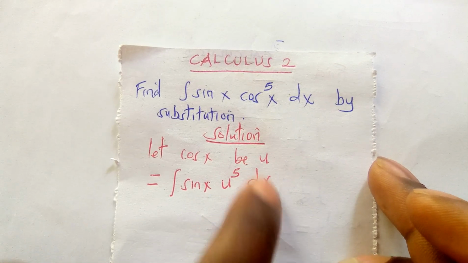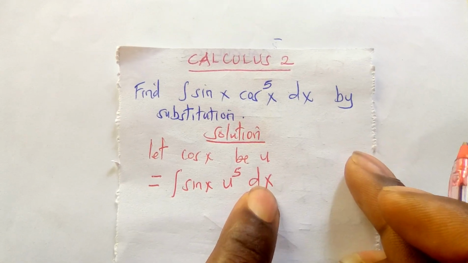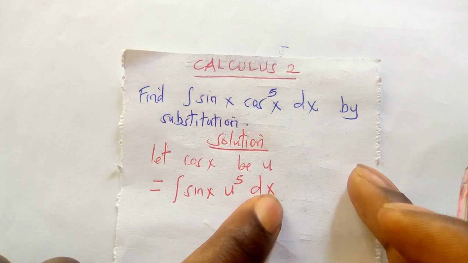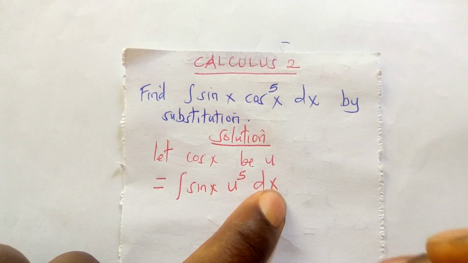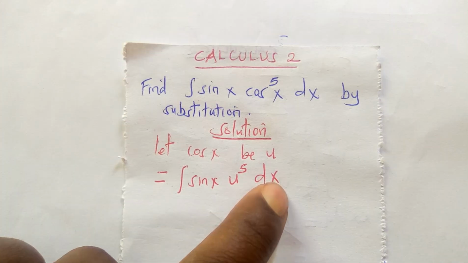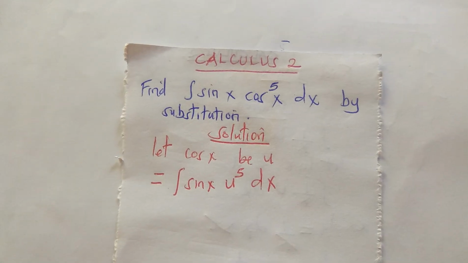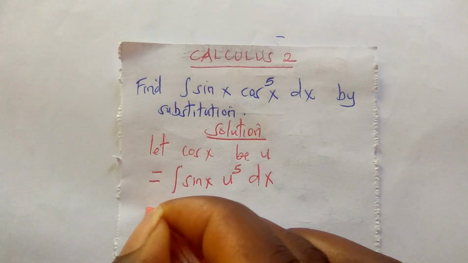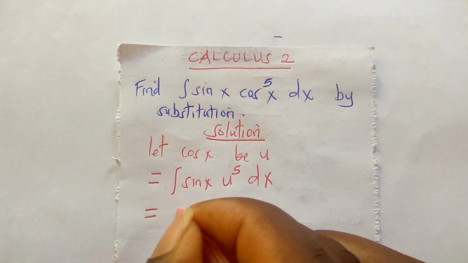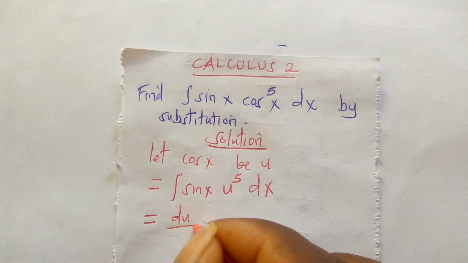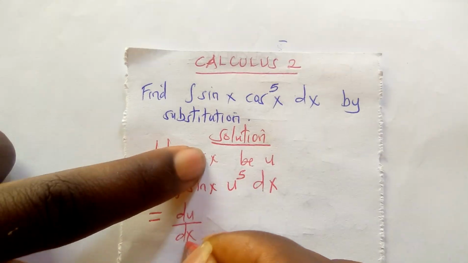That's what I'll be substituting for dx here. So instead of having dx, I'll be replacing it with that value in du. And therefore, how will I perform that? That one marks the second step, where you are supposed to get du dx.